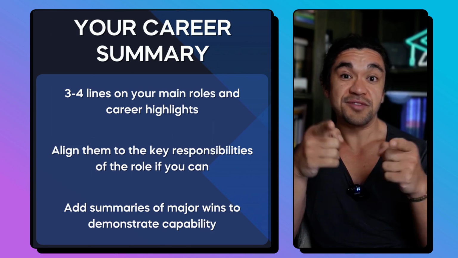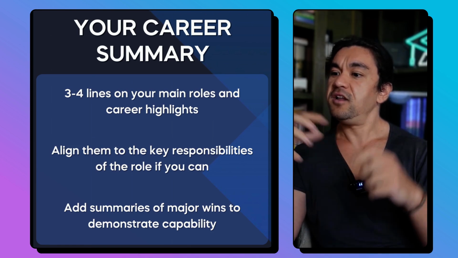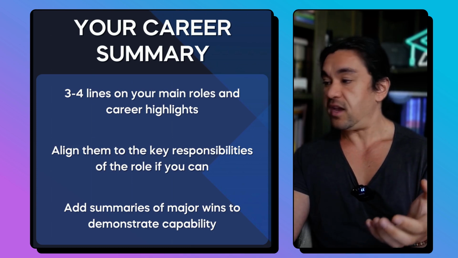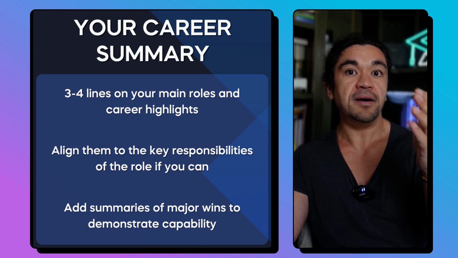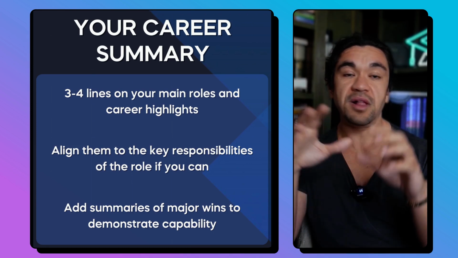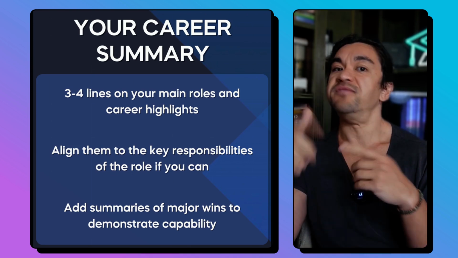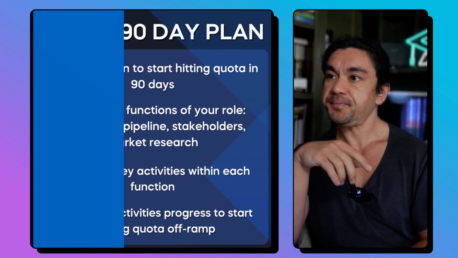You should just hire me straight away. And then if you've got some major wins in this space, if you've got other examples of wins, case studies, relevant customers, all that sort of stuff, add that in there as examples of how you've succeeded in the role as well.